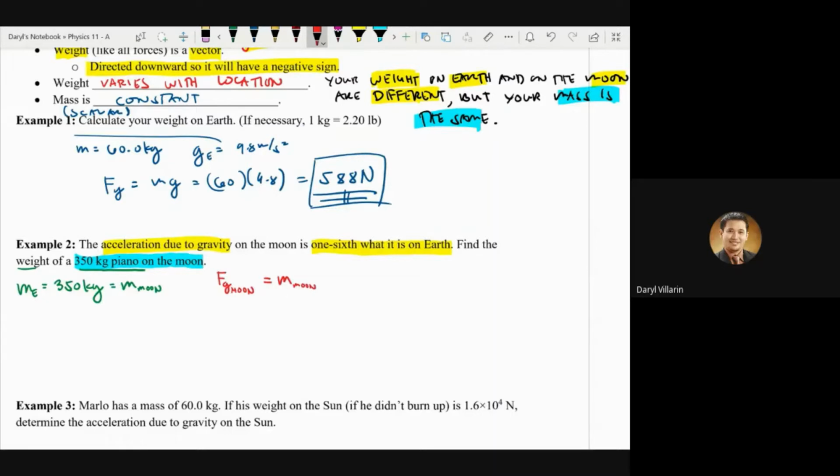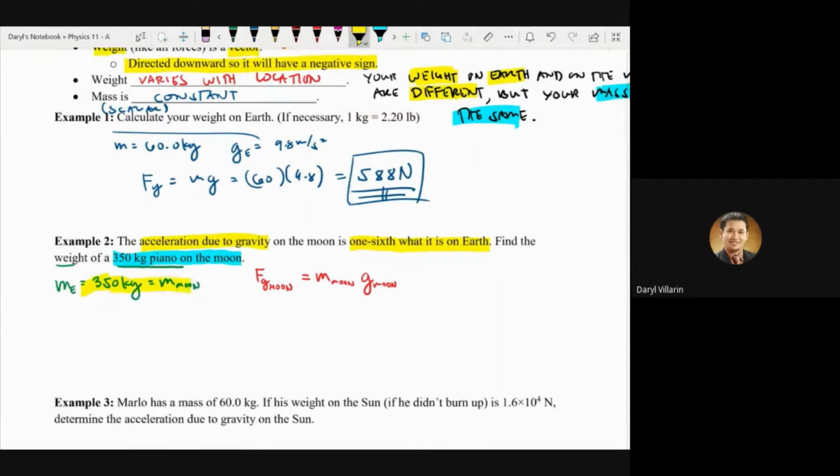But again, I know that regardless, it should just be the same, and g on the moon. However, you're given the value of your mass. Mass on the moon is given as that, but you don't know the value of g.